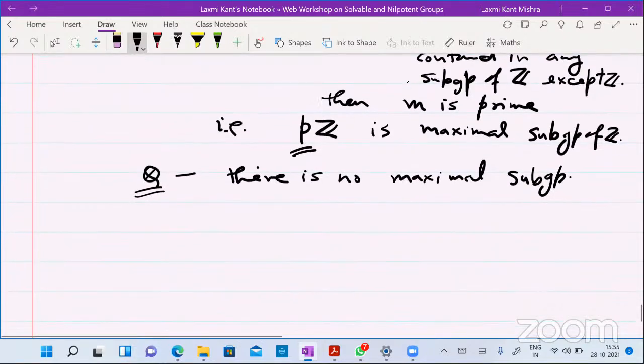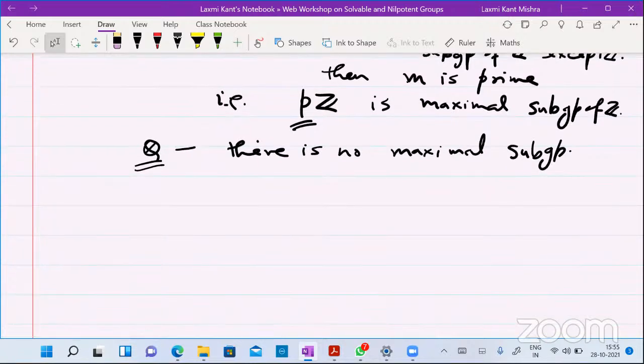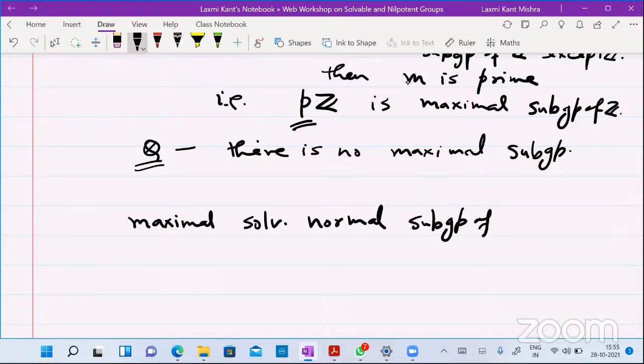Okay, now let us come to our topic. If we are taking a maximal solvable normal subgroup of a group G, it may or may not exist. For a general G, it may or may not exist.